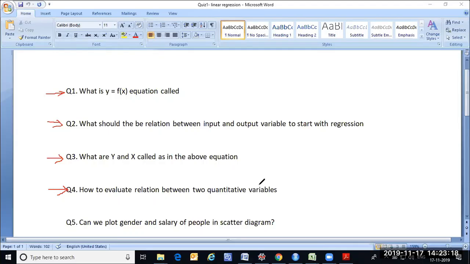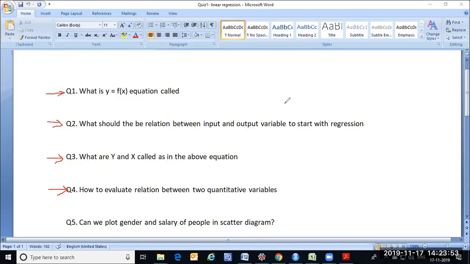Even before that, what are quantitative variables? Those which you can represent in the form of numerical digits. So how can you identify the relationship between two variables? The correlation coefficient, the small r. And the scatter plot is what you make use of to understand the relationship.